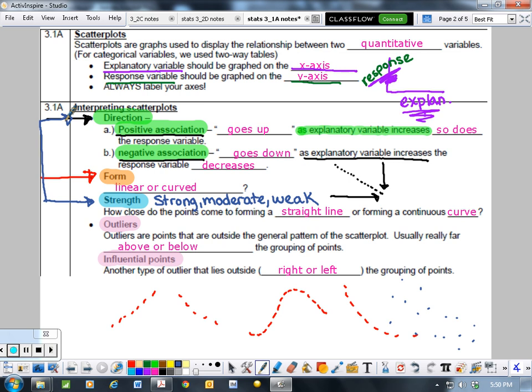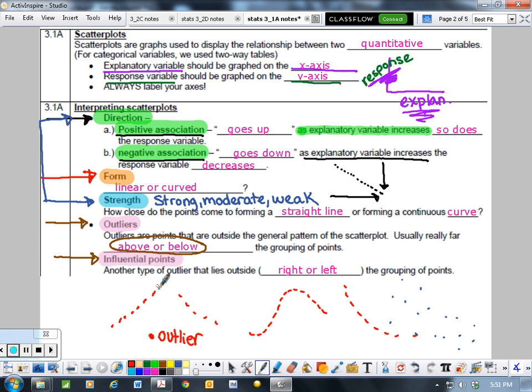And so those are ones that we kind of pair up. And then we also want to look for anything that's going to skew our data a little bit, like outliers and influential points. An influential point is a type of outlier, but in general, when we're looking for outliers, we're looking for anything that is really way above or below all the other groupings. So if I'm looking right here at this red thing, but I had a point way down here, that would be an outlier.